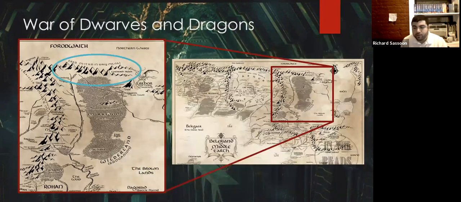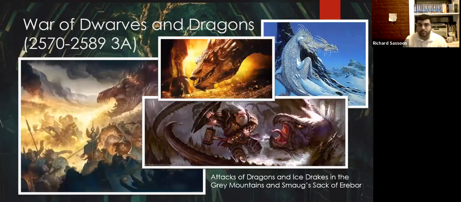Now, after the Balrog shows up in Moria, Durin's folk, the Longbeards, leave Moria and move into the Grey Mountains. You can see in the upper part of the map that's circled. At this point, they begin to attract the attention of the remaining dragons.